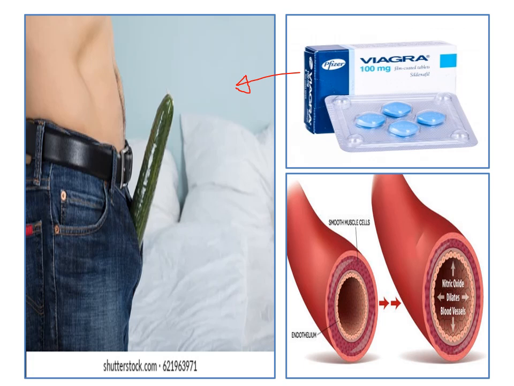But how exactly this Viagra is involved in causing penile erection is the mechanism or the drug action of Viagra, which is penile vasodilation. So, drug action asks the question of how a drug is able to cause a particular effect in the body.